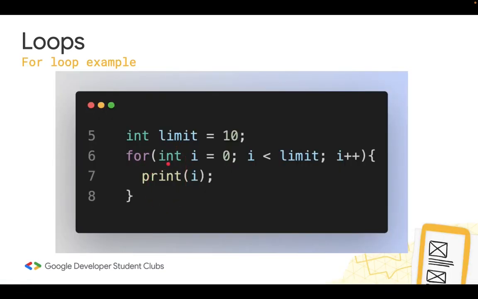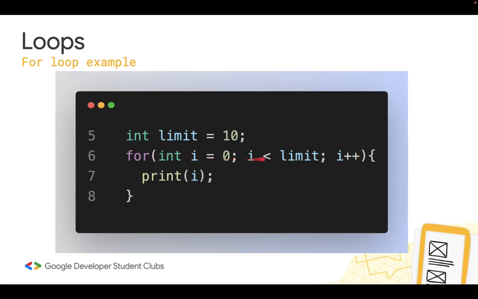So this is the example code we have for our for loop. First we define a limit for our loop, which is 10, and then we create a loop by initializing our iteration tracker, and then this is our condition, and then this increment statement.